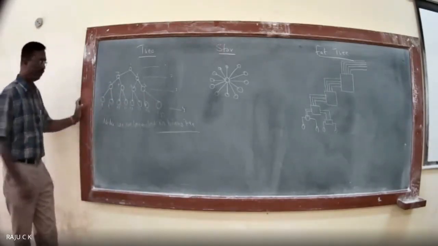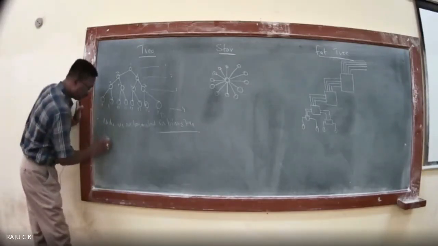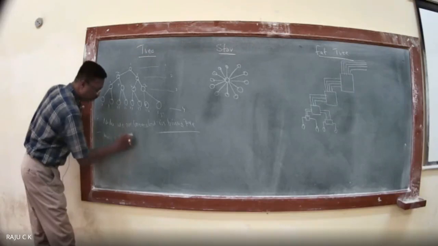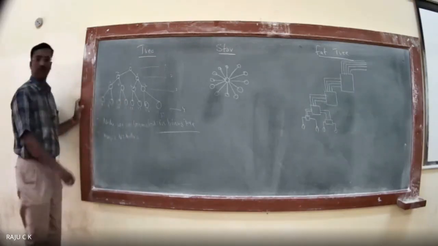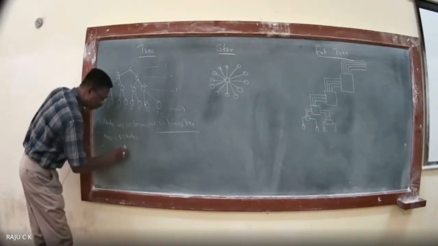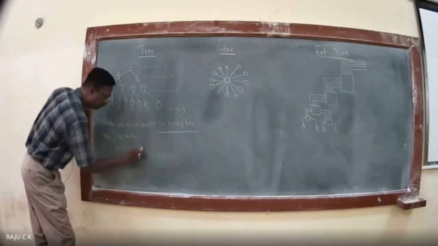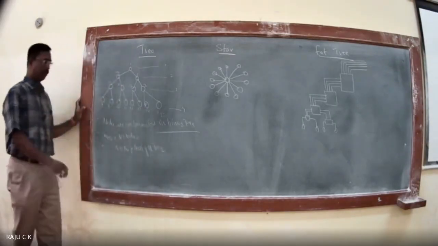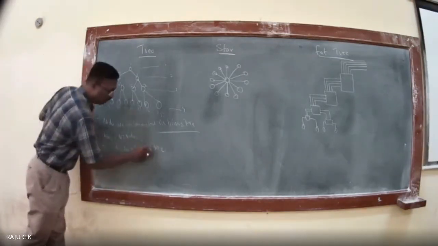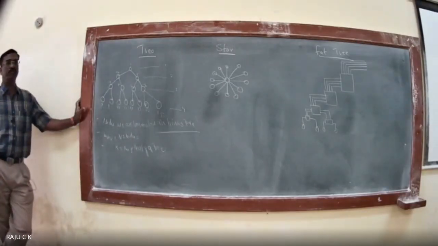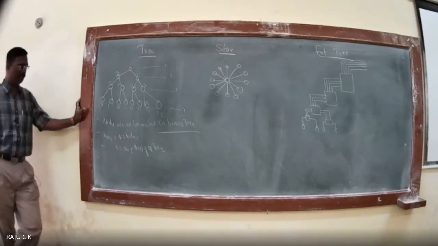Here n is equal to the number of nodes, and k is equal to the number of levels of a tree.